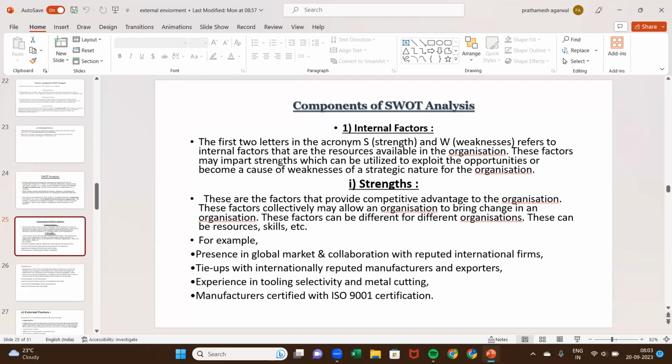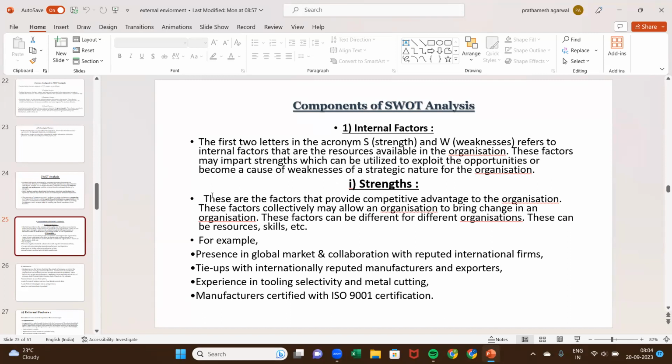These factors may impart strengths which can be utilized to exploit the opportunities, or become a cause of weakness of a strategic nature for the organization. So we are studying strengths and weaknesses.